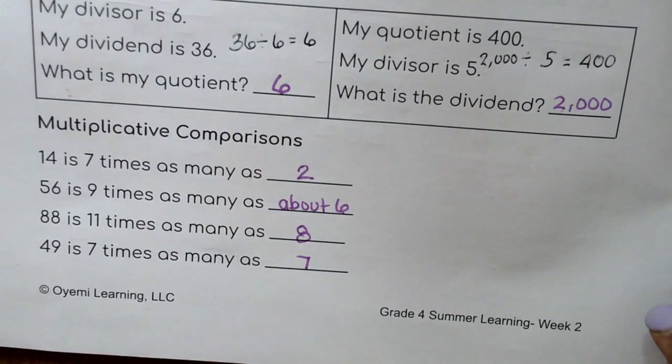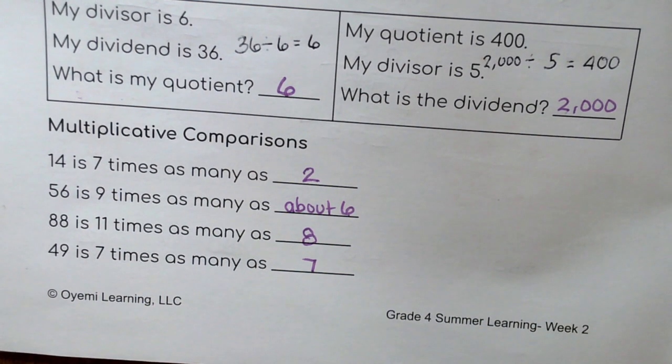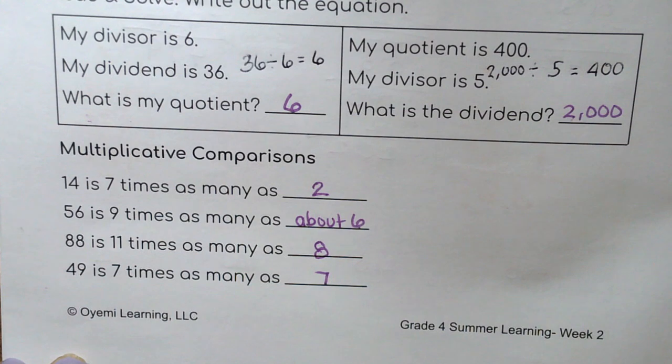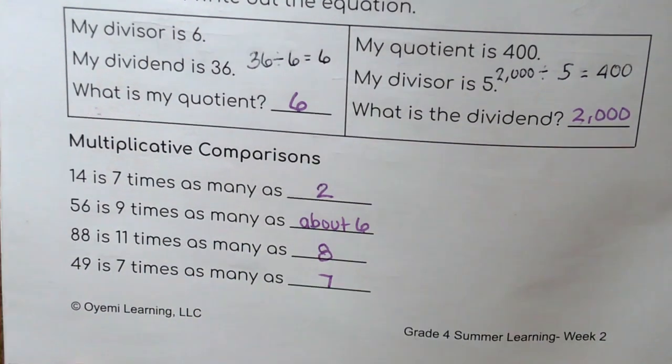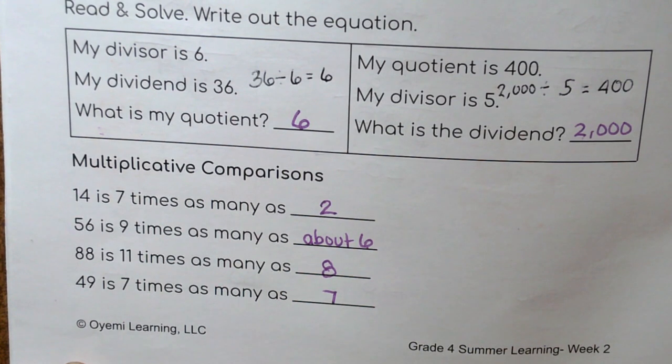Here, multiplicative comparisons. If you're in the same county that I work in, some years ago, we would start off the school year by teaching multiplicative comparisons. And it's just a lot of vocabulary, but once you understand what the vocabulary is asking you, it's very simple.